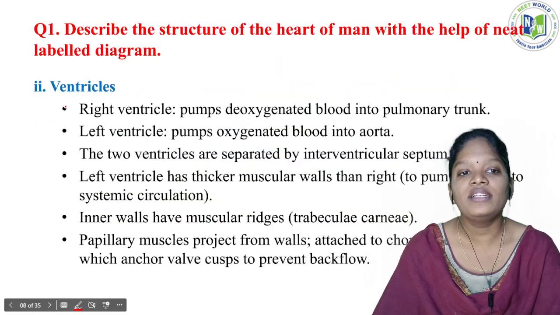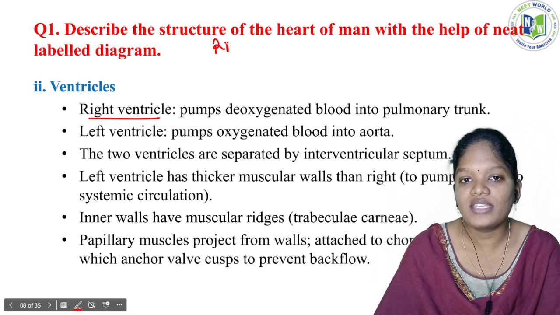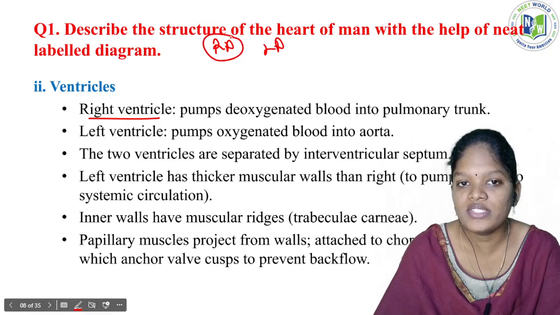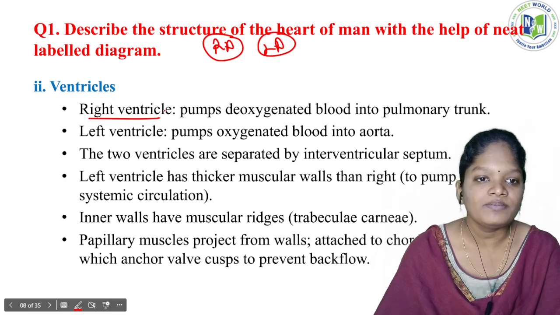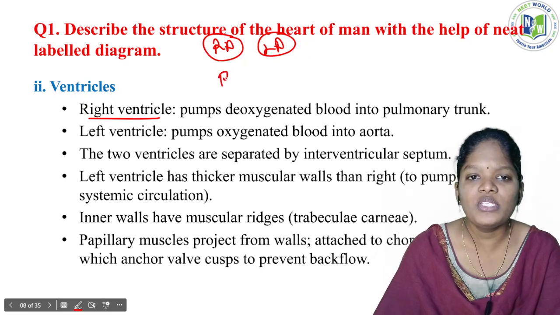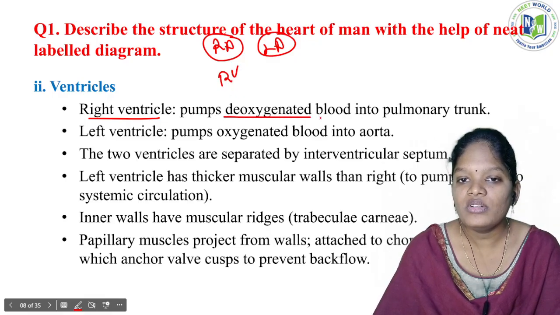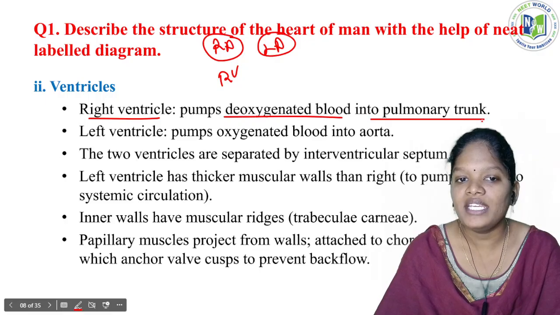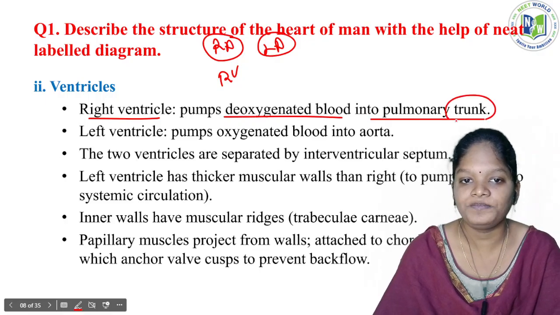Now the ventricles. Again we have studied the right atrium and the left atrium. The right atrium is receiving the deoxygenated blood, and the left atrium is receiving the oxygenated blood with the help of the pulmonary veins. Now we are going to study the ventricles. The right ventricle pumps the deoxygenated blood into the pulmonary trunk, which is nothing but the pulmonary artery.